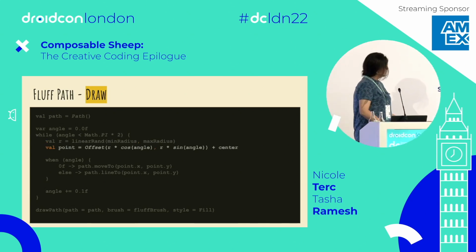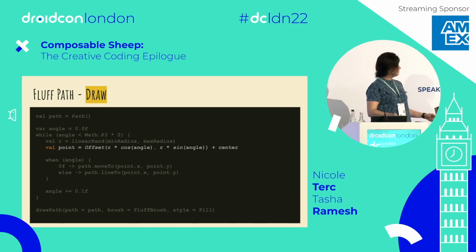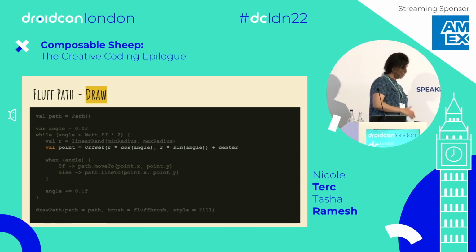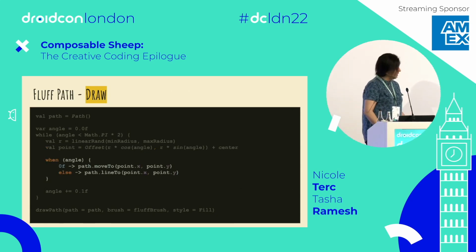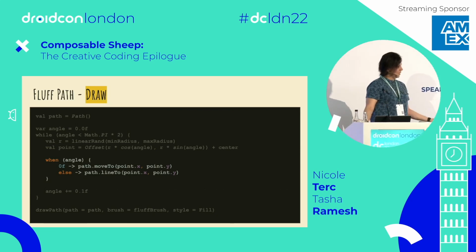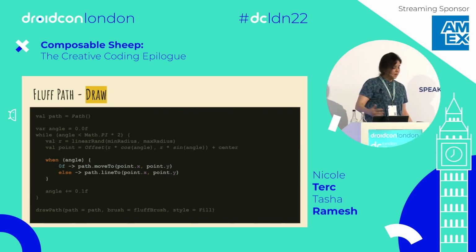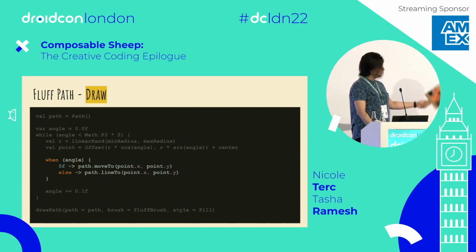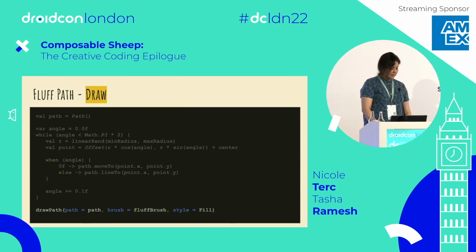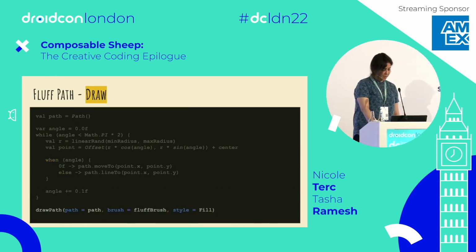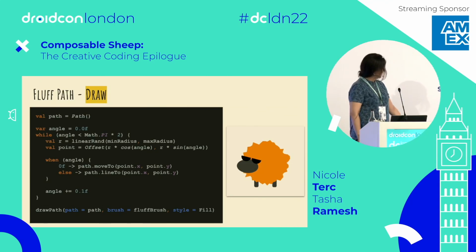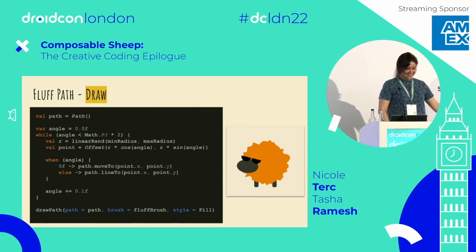Once we have that, we just create a point, again transforming our polar coordinates to Cartesian. And once we have this point, we just add it to our pad. Once the pad is done, meaning that we went through the whole circle, the only missing step is to draw it. And just running this code, we obtain this fluffy chip.